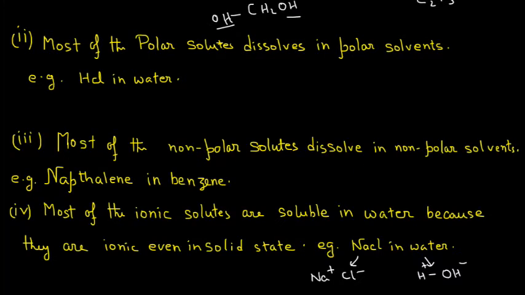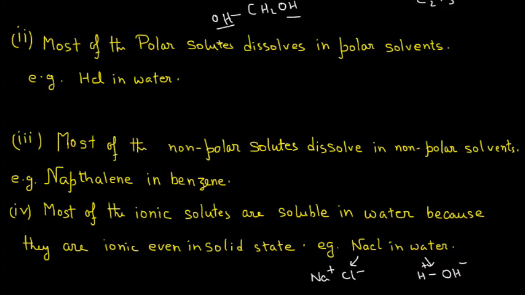Point number 4, most of the ionic solutes are soluble in water because they are ionic even in solid state. So let us take an example of NaCl in water.